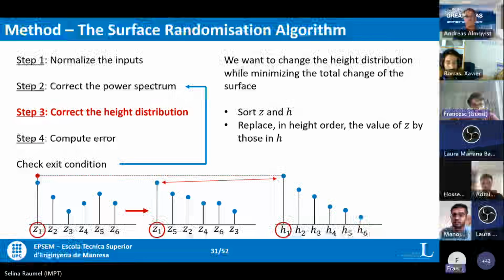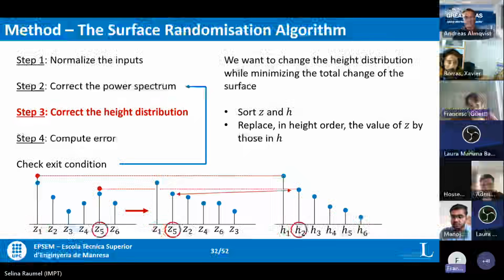Then we continue. H3 is paired with Z2, so Z2 is replaced by H3. And so on. We continue until we have paired all of them. And in this manner, we have changed the height. Now the height distribution is perfect.